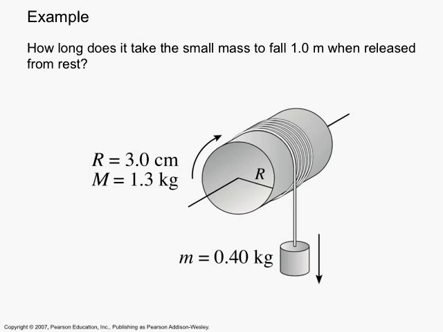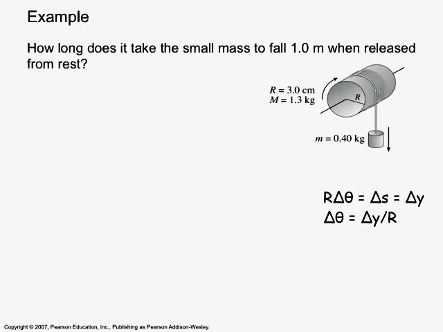The loss in gravitational energy of the object as it's falling is equal to the increase in kinetic energy. The object is falling to make the pulley rotate, is what this means. The loss in PE gravity, negative mg delta y, is equal to 1/2 I omega squared. Gravitational energy and kinetic energy.